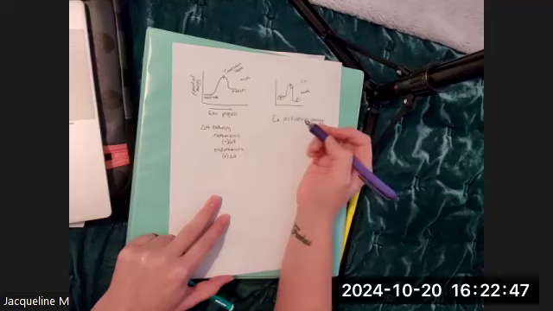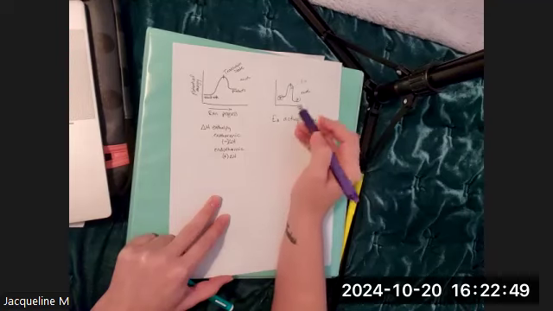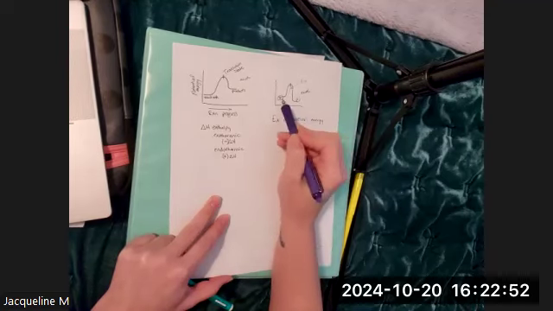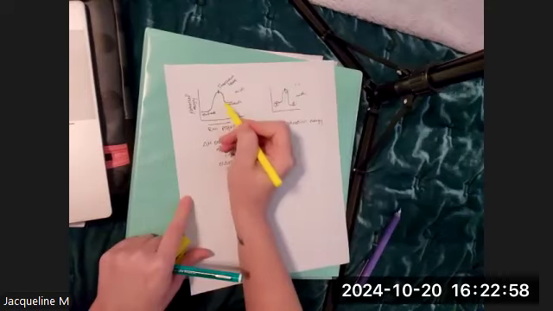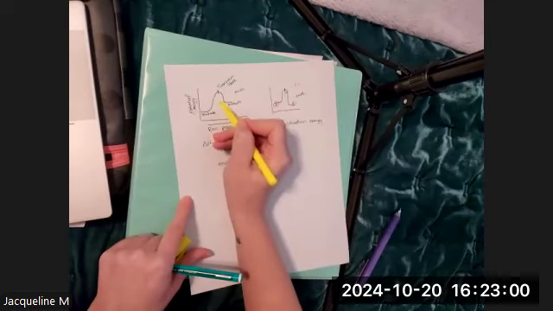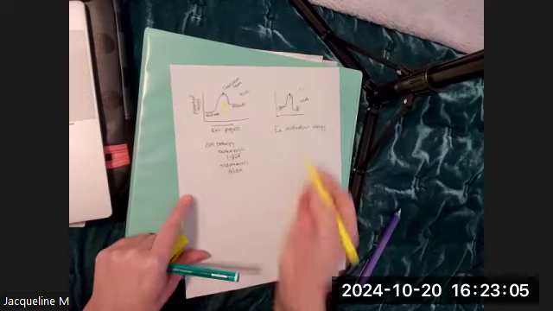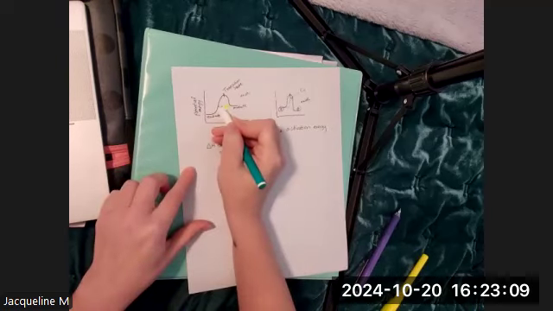The overall energy of the reaction is going to be the difference between our reactants and our products, or our products and our reactants. So from here to here, right? I don't know if you can see that. Let me put that over here.